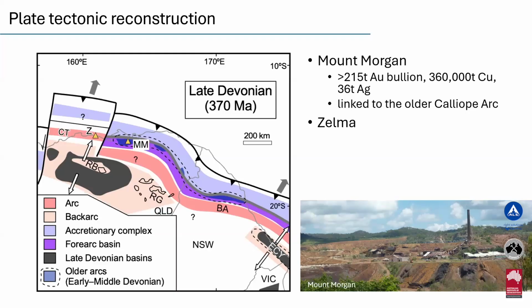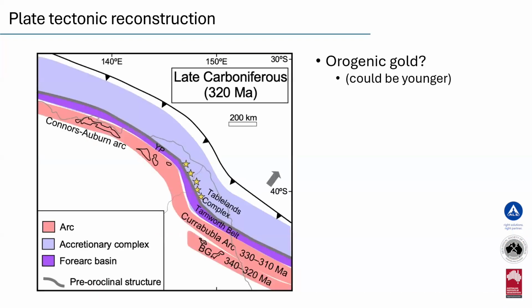And the important thing as far as the mineralization is concerned, is that this is when Mount Morgan forms, a little bit earlier than the snapshot that we see here. So it is this remnant arc that we see here in blue, and maybe Zelma as well in the late Devonian arc. So that's really all I have to say about the late Devonian.